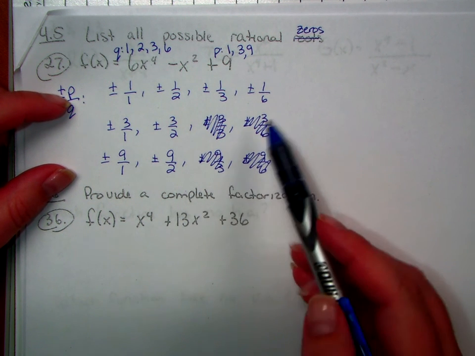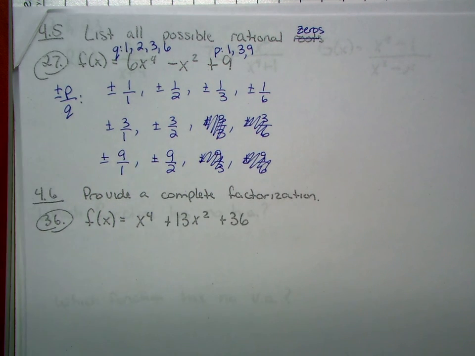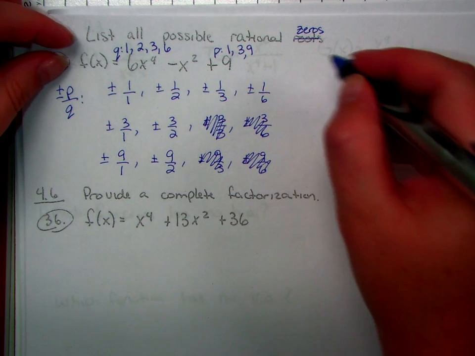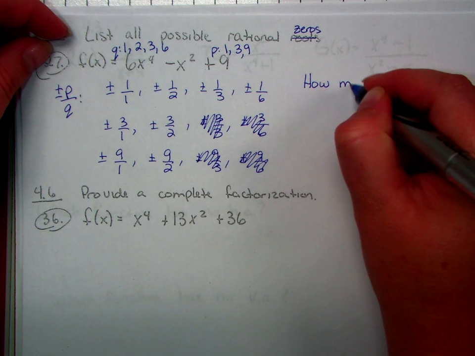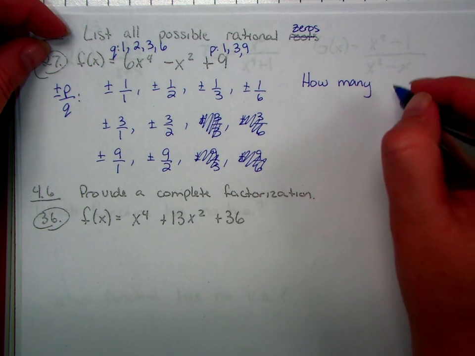Okay, so here's the entire list, right? Now you won't be inputting this list. The question is going to ask how many, right? How many possible unique rational zeros are there?